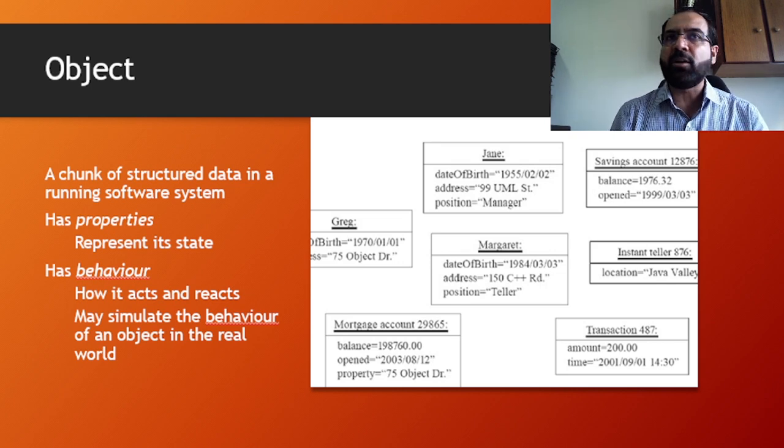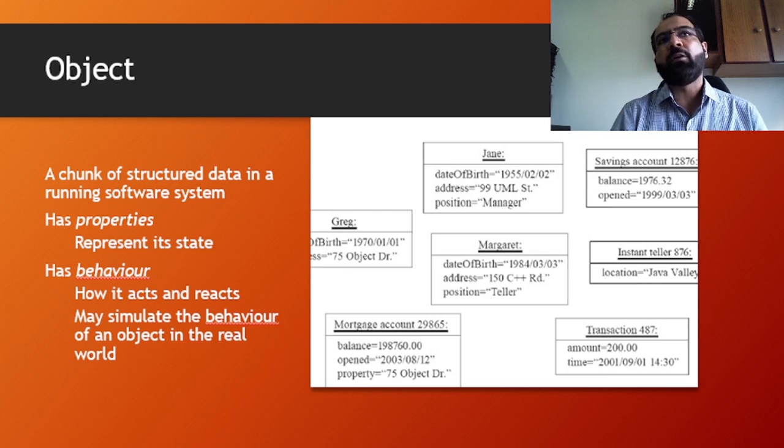Objects interact. For example, in an account system, Jane is an account holder, and Jane performs a certain activity in her account. So these two objects are interrelated as well.